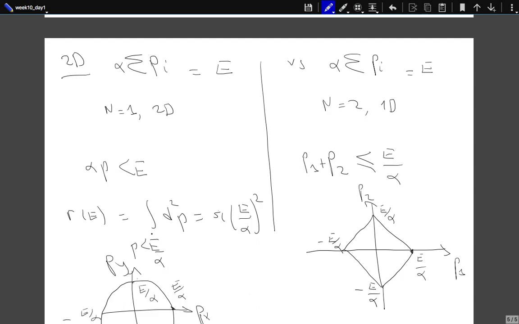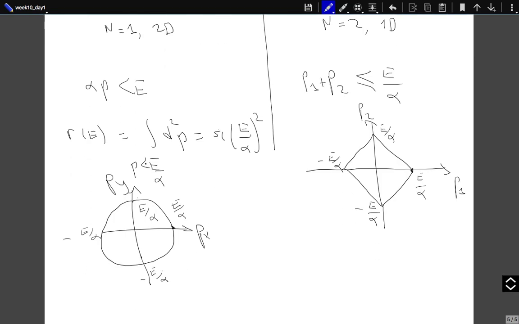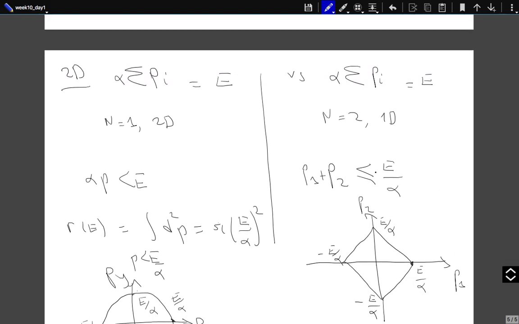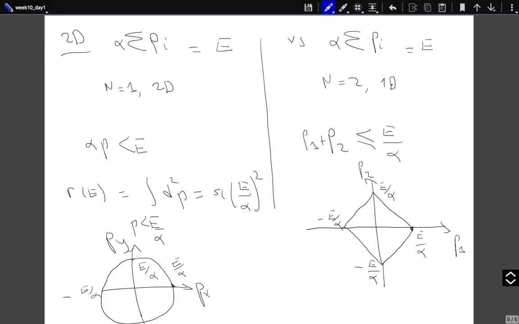If we have two particles, it will be determined by the sum of the square roots of the sum of the squares of the various coordinates of each particle. So the volume will not even be a sphere. Nevertheless, in the 1D case, it will still be determined by some hyperplanes.